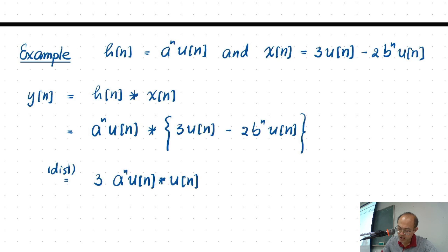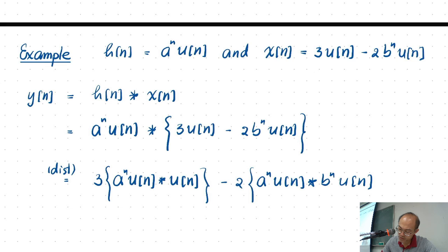This is the first term, and the other term is minus 2 times a to the n u[n] convolved with b to the n u[n]. And what do we know about each term? We know the first term, the left term, from the first example, and we know the right term from the second example. We did this already, so we're going to use those results.